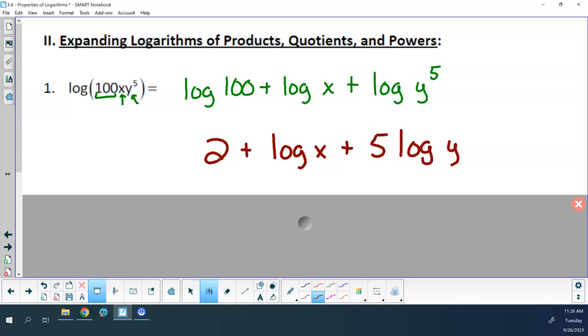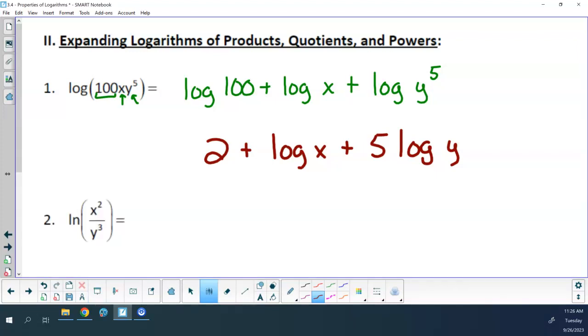Logs are exponent finders. What exponent do I have to put on 10 to get 100? 2. If this was 105, I couldn't do that, because I don't have a nice, pretty exponent to put on 10 to get 105. You try expanding this one.